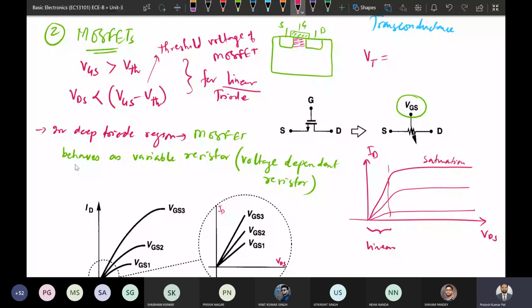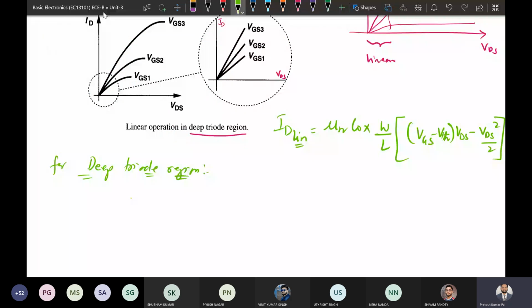So if we are going to put here, the ID linear will be mu n Cox W by L. We will be just expanding it. So it is VGS minus VTH multiplied by VDS, 2 times here, minus VDS divided by 2.